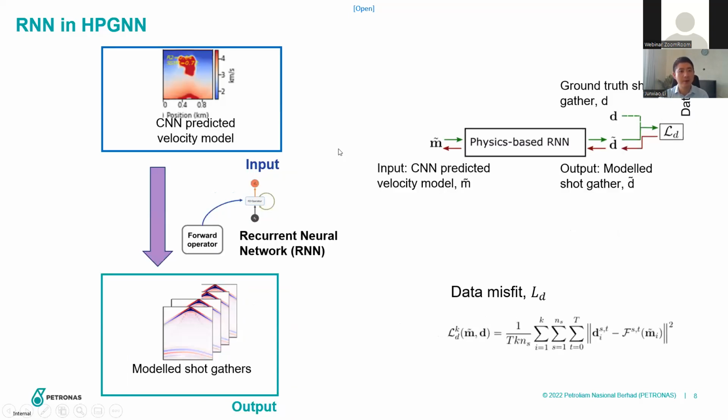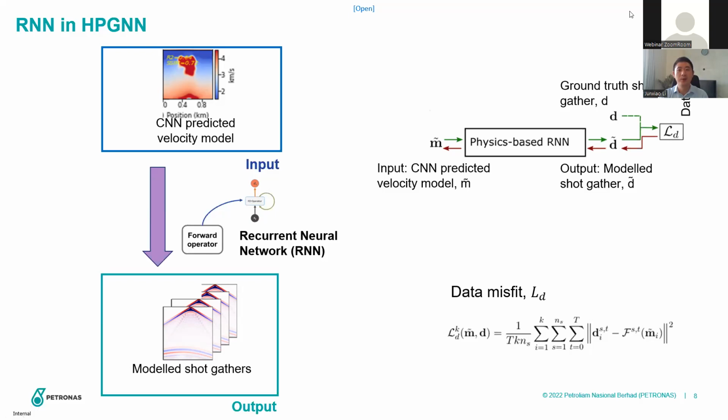The next part is that the output of the CNN will be the input of the RNN. The predicted velocity model will be fed into this recurrent neural network to do the forward simulation, and then we can get modeled shot gathers.